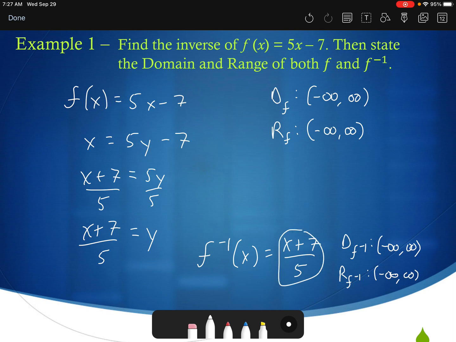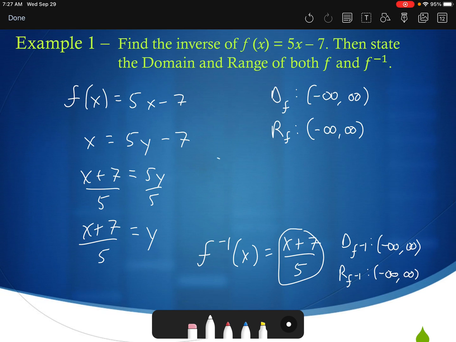Okay? So what does this inverse mean? We haven't really talked about that. Well, if I take f of f inverse of x, remember the composite functions, and I plug (x plus 7) over 5 in for x, what do we end up with?